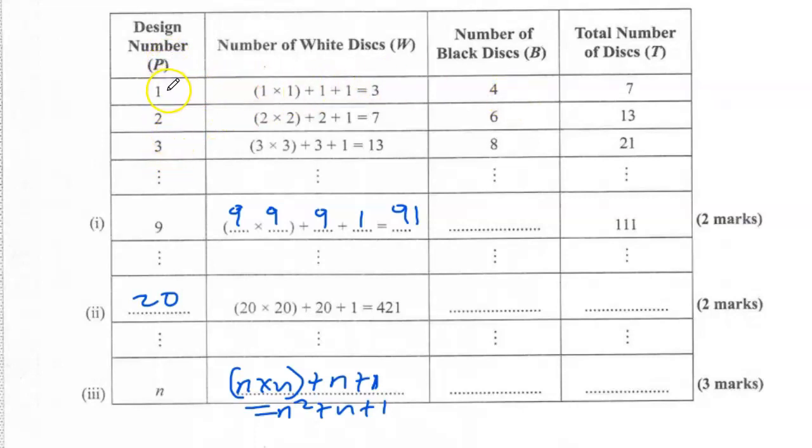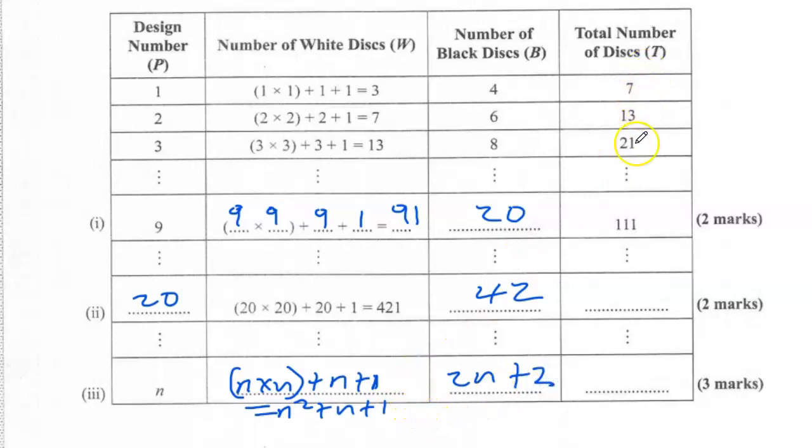Check: 1 times 2 plus 2 gives 4, 2 times 2 plus 2 gives 6, 3 times 2 plus 2 gives 8. 9 times 2 is 18, and 2 gives 20. 20 times 2 is 40, and 2 is 42. N times 2 plus 2 is 2n plus 2.